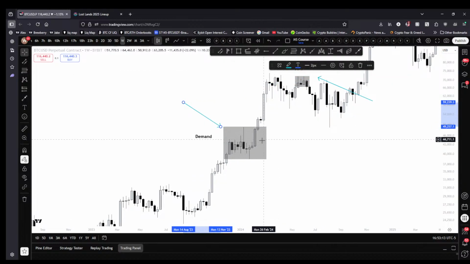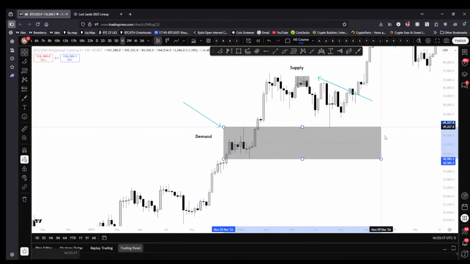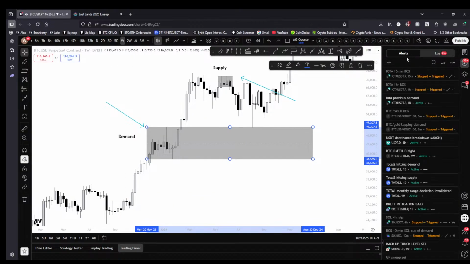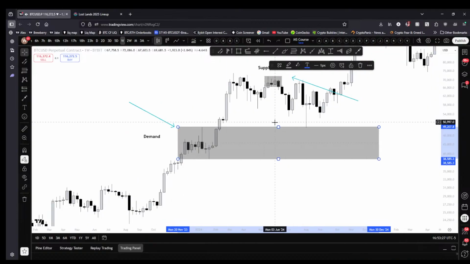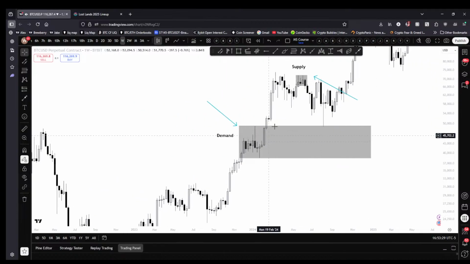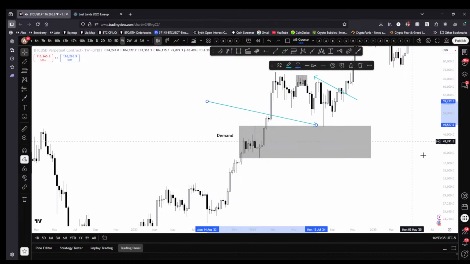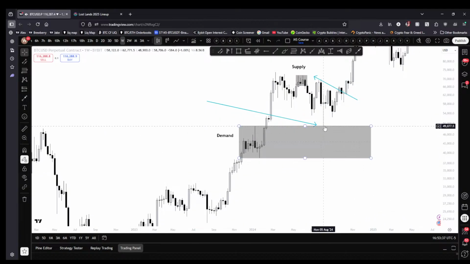So, for example, if we were to extend this range over, what do we notice whenever the price came into a previous area of demand? There was a strong bullish reaction off of that area.